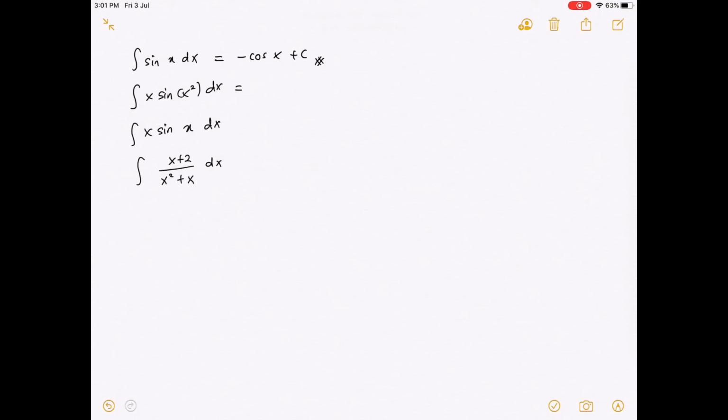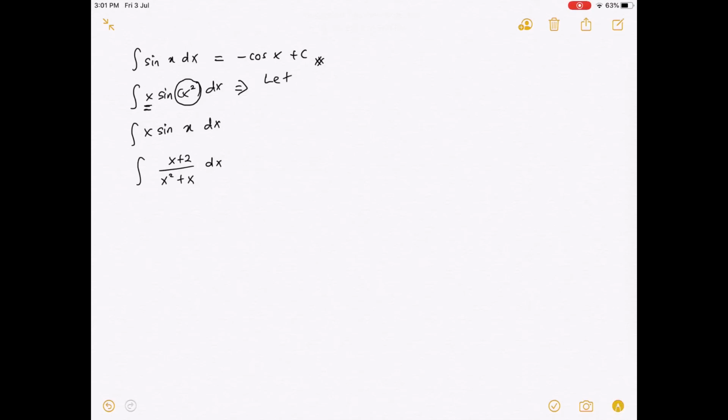So to use the substitution technique, the tip is, if you differentiate a variable or a function and you get the other function, then you use substitution. For example, in this problem, if I differentiate x squared, I will have 2x, which has an x in it.